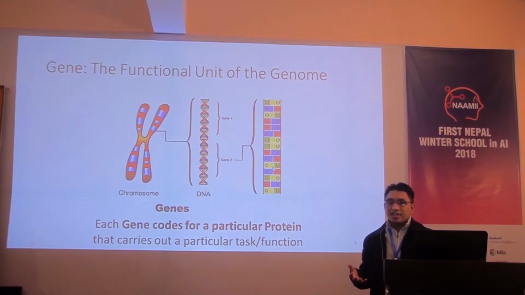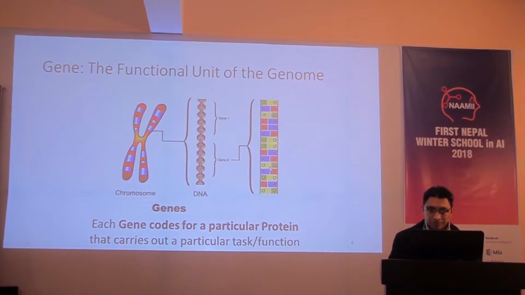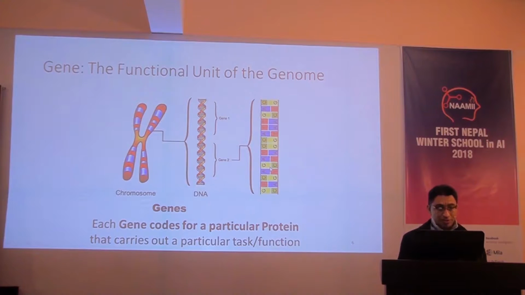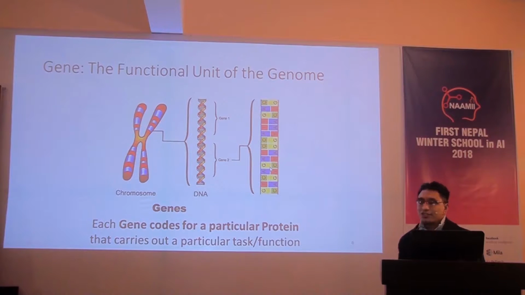They are just different combinations of A's, T's, C's, and G's. In human beings, there are about 20,000 different genes. So you can just imagine the sets of instructions carried out by all those 20,000 genes, each of which has a different function to perform.